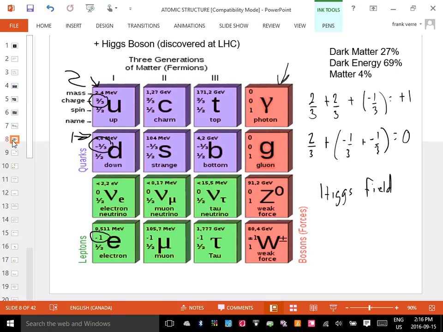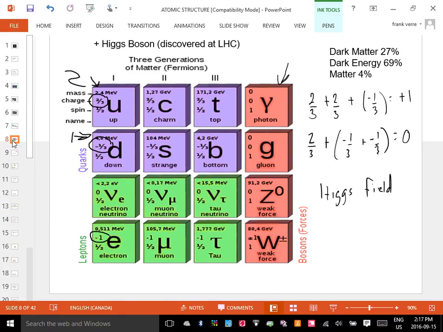All of the matter that you see in the universe is only 4% of the universe. In other words, 4% of the universe is matter. The other 96% is something else. It's dark matter, which is 27%. That's matter that you can't see. That's why it's dark.